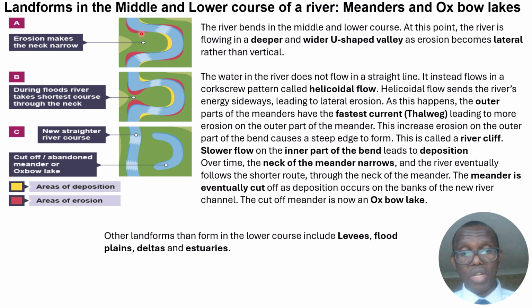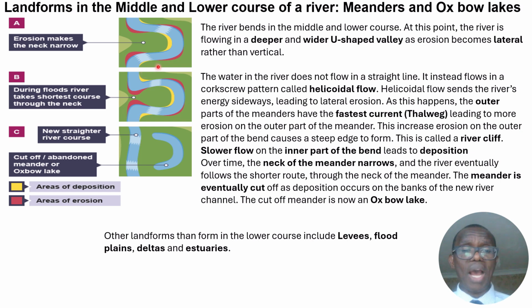But then the inner part of the bend will have less energy, and there'll be hardly any erosion there really. If anything, it's deposition that is going to take place there due to the fact that the water there is flowing a lot slower.